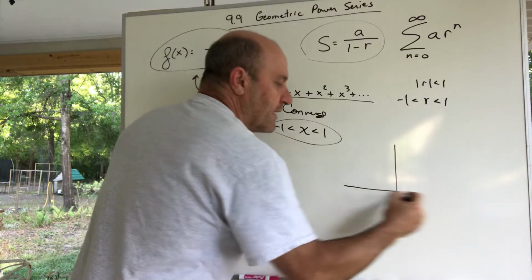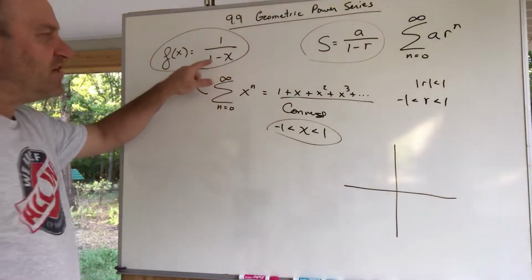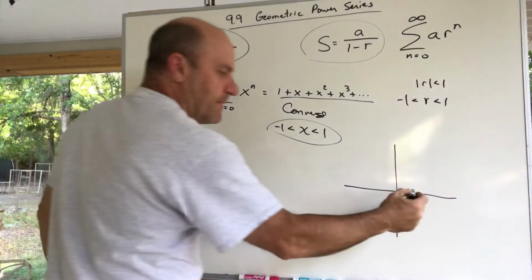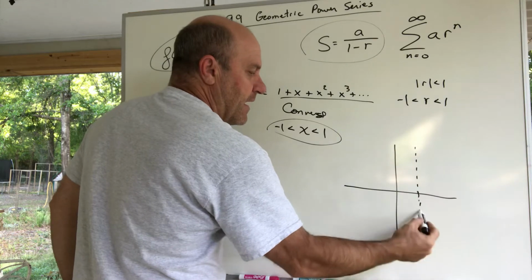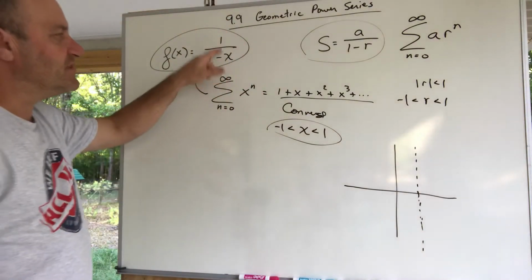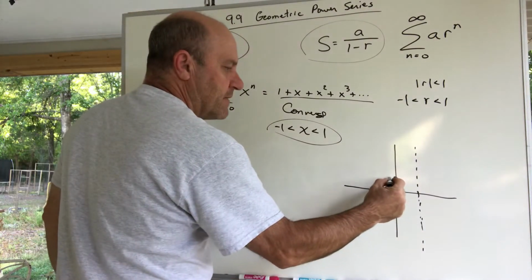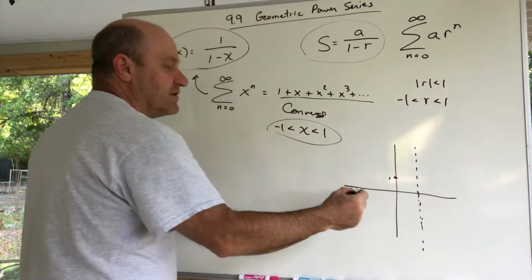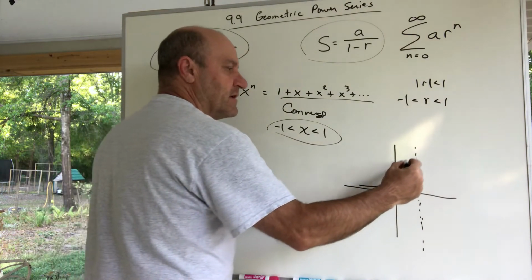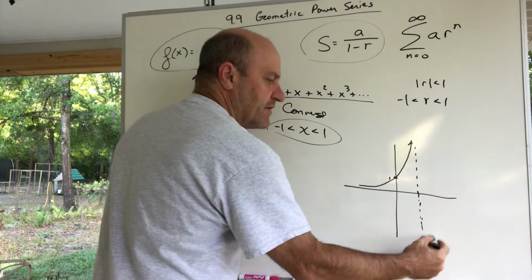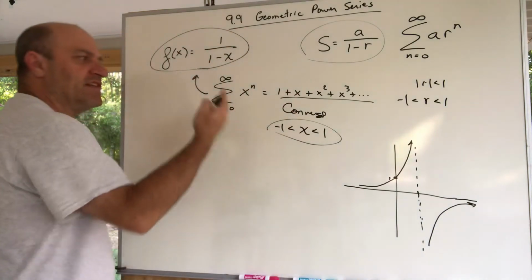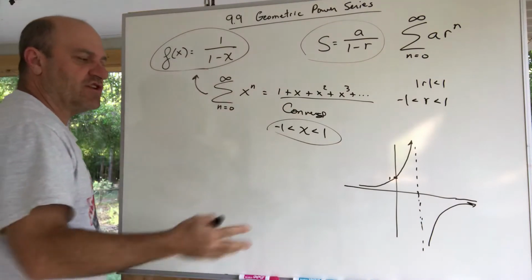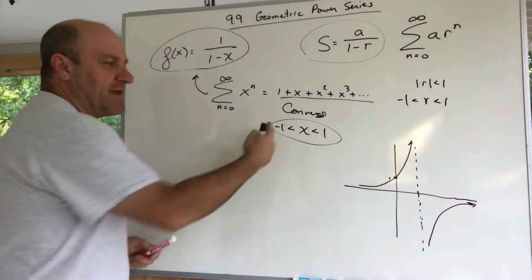Just real quick, this function is undefined at 1. So this function has an asymptote at 1. When you plug in a 0, you get 1. So this function looks like this. On this side, I think over here it's down here. So when we say we get this series to match this function, it's only matching it from -1 to 1.